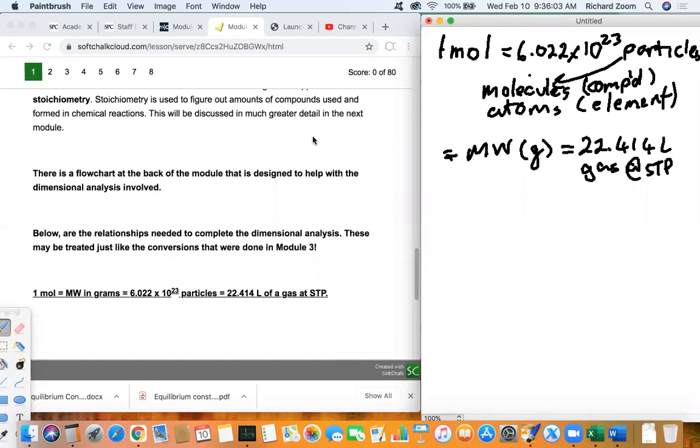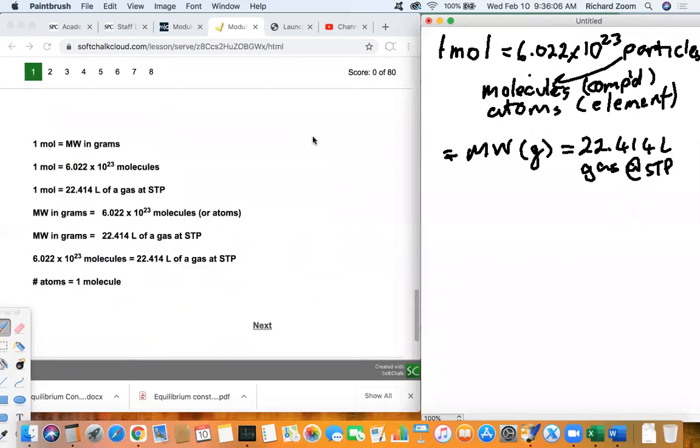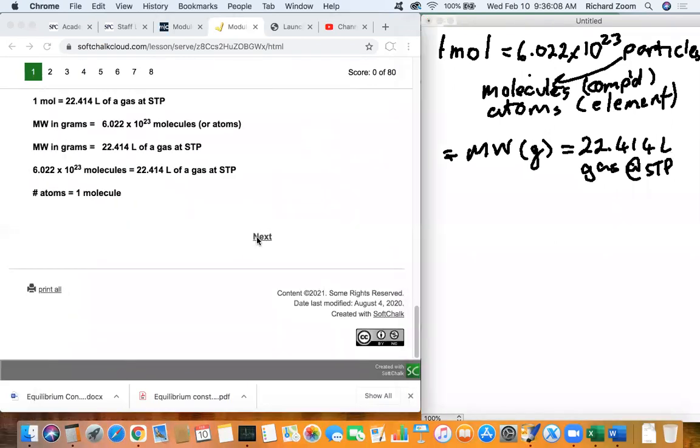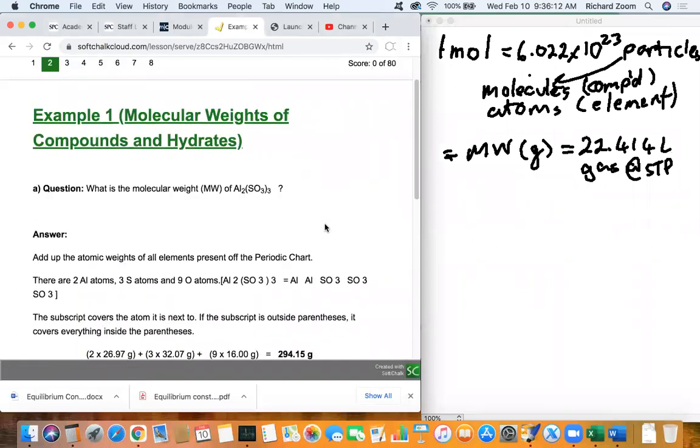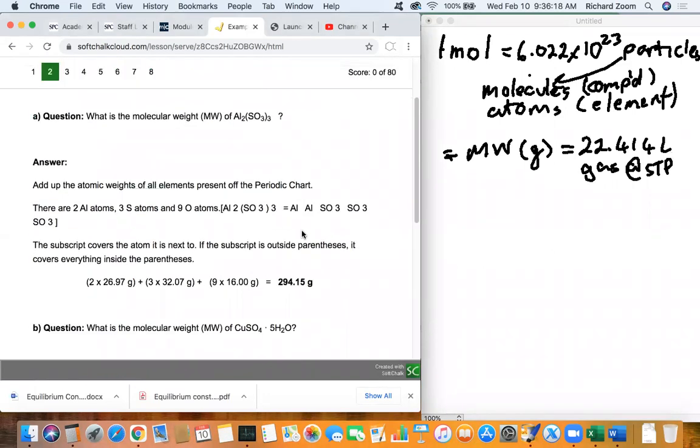I'll leave them up here so you can see the relationships between them. So when we're figuring out molecular weights, all we're really doing is looking at a periodic table and figuring out how many of each atom we have and then adding those molecular weights together. I think you're all familiar with that process.